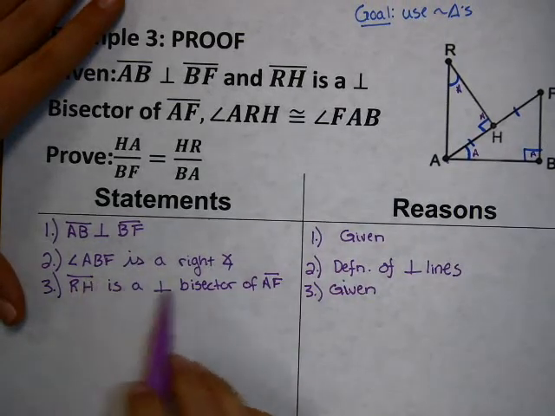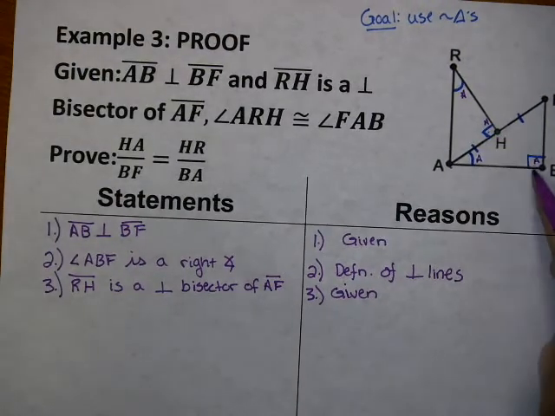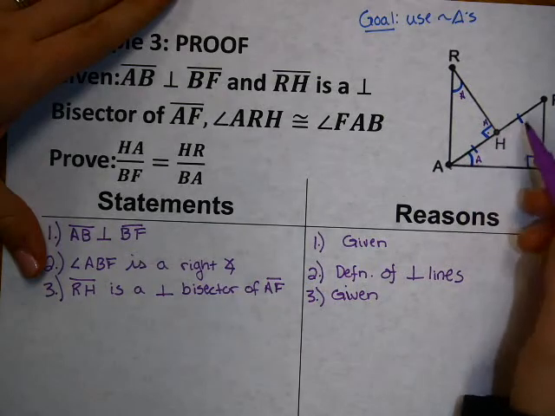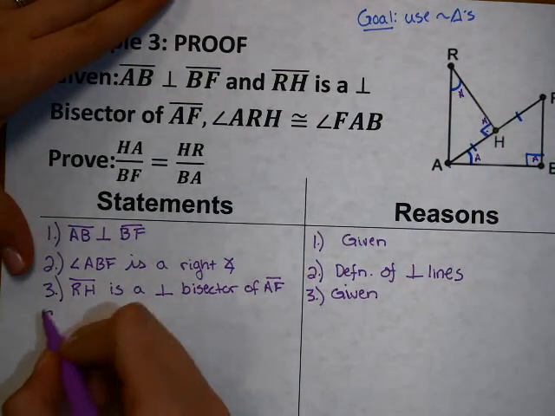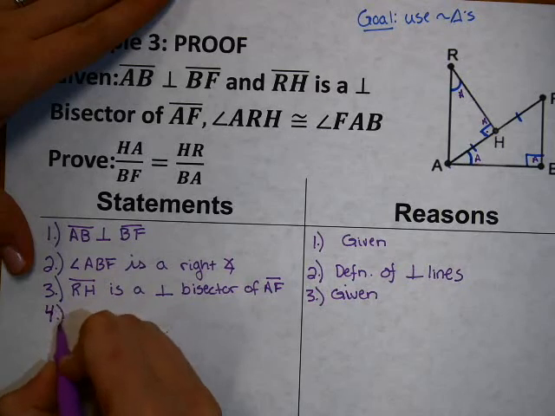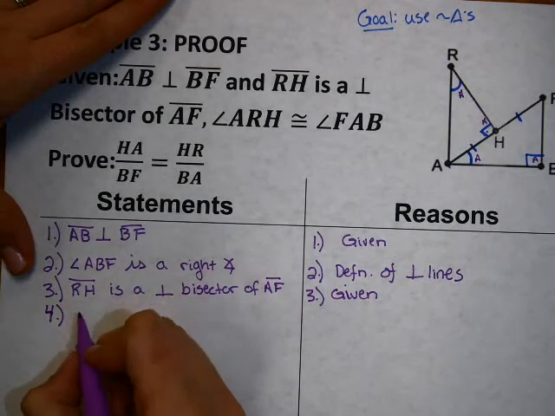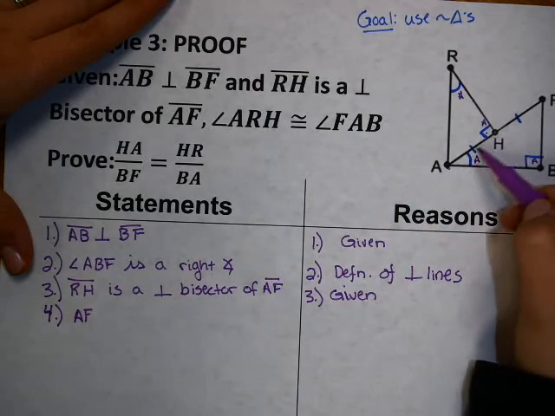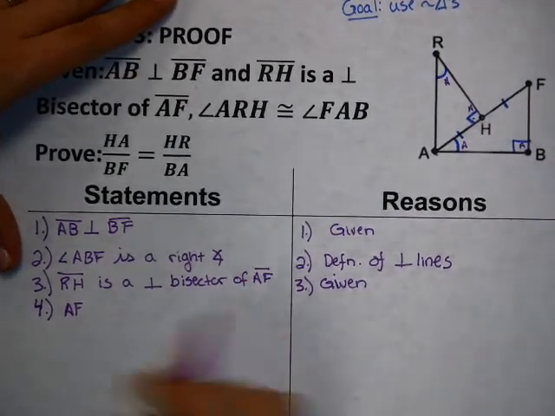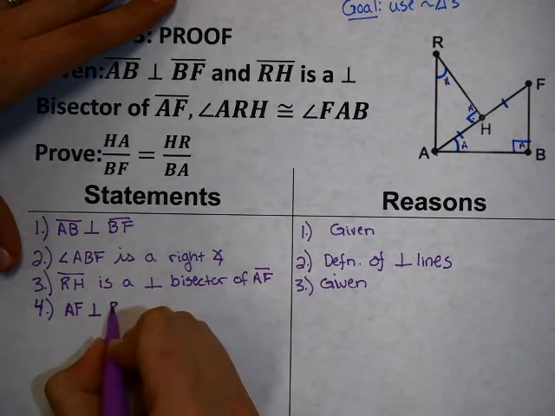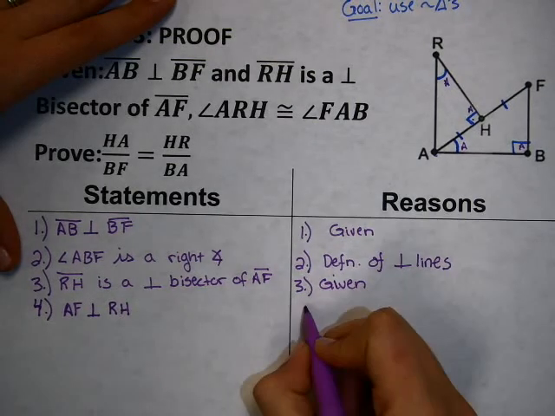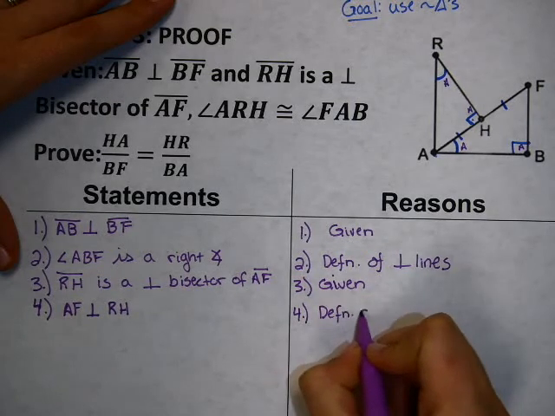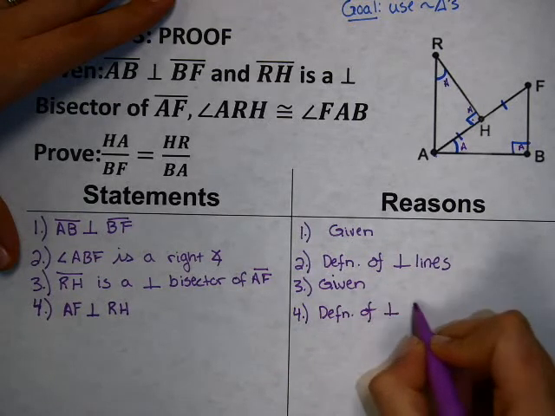Okay. And I need to figure out how I can say that these two right angles are congruent. So if we know it's a perpendicular bisector, then we know it's perpendicular. So I need to say that AF, because it's a perpendicular bisector of AF, is perpendicular to RH. Okay, and that's our definition of perpendicular bisector.